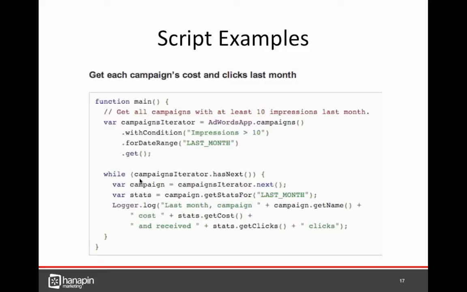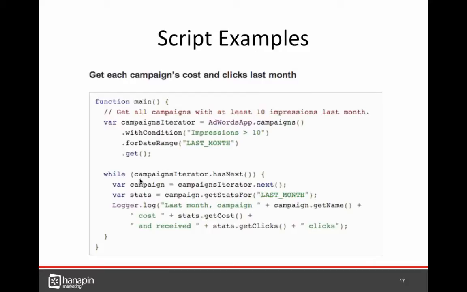Well, if you want to break it down in plain English, this first top chunk right here, you have your main function, and inside you see the var campaignIterator. What that is doing is collecting all the campaigns in that account with the condition of more than 10 impressions over the last month, and then pulling those back.